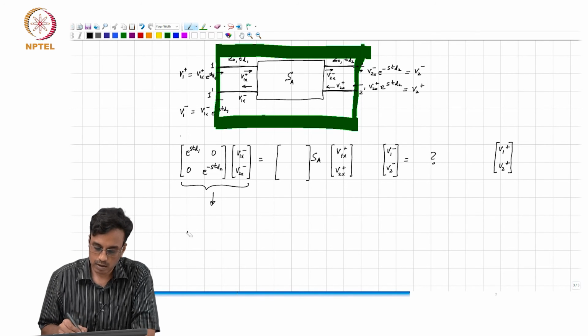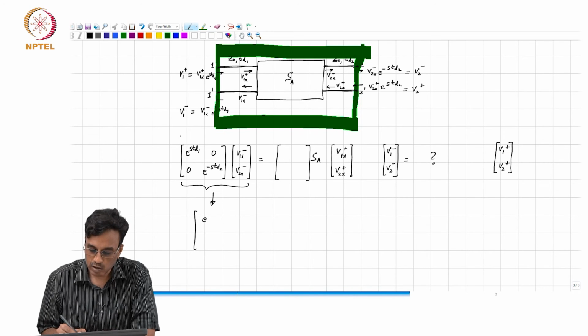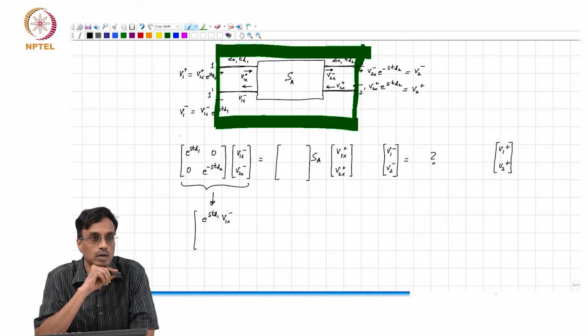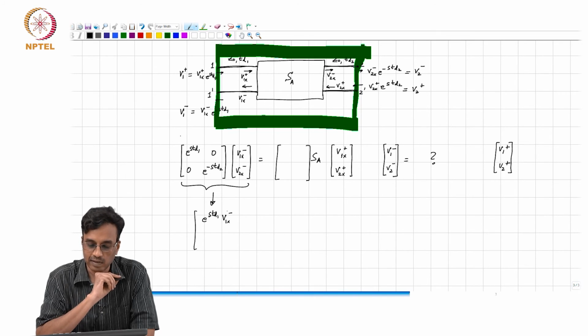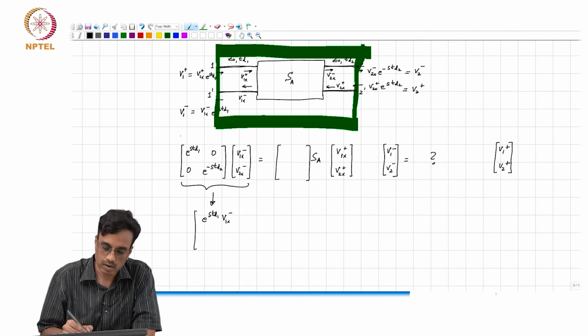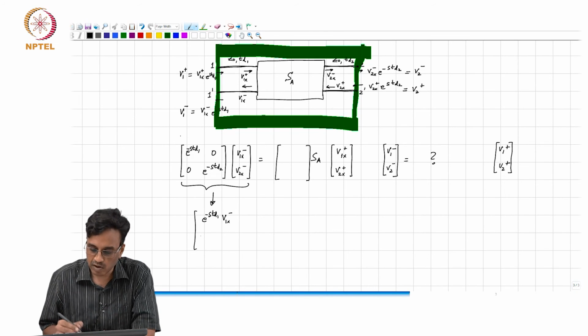So, what will this give me? This will give me e to the s Td1 times V1x minus, right. Okay, so what now? Or did you mean minus s Td1 and minus s Td2? Okay, all right. So, that should give me e to the minus s Td2 times V2x minus.